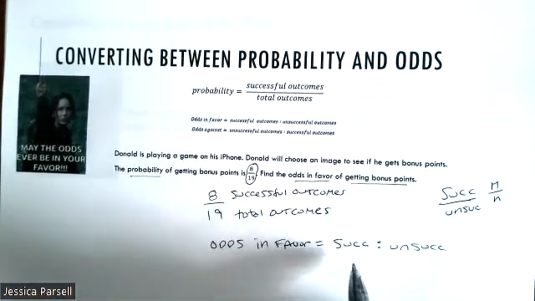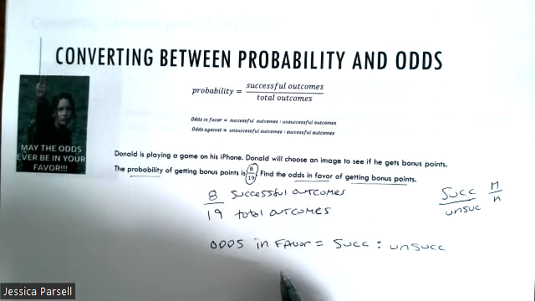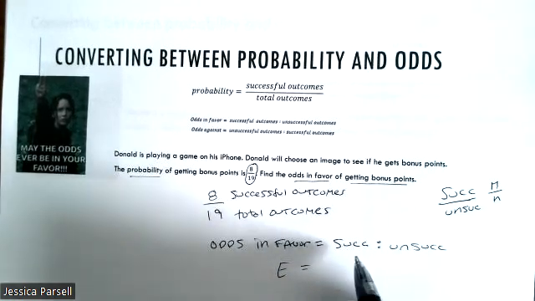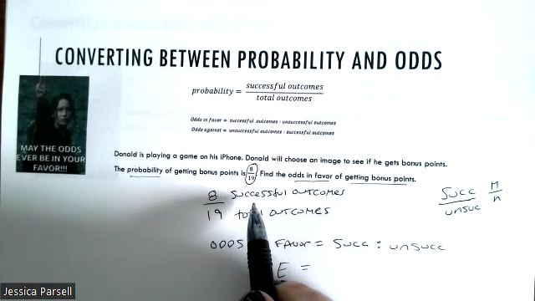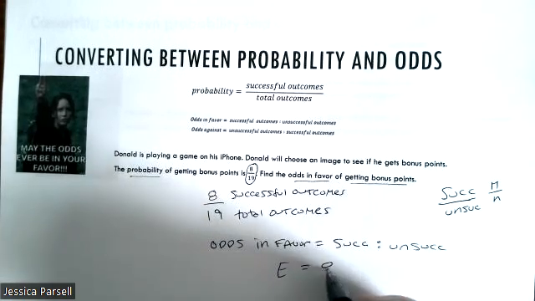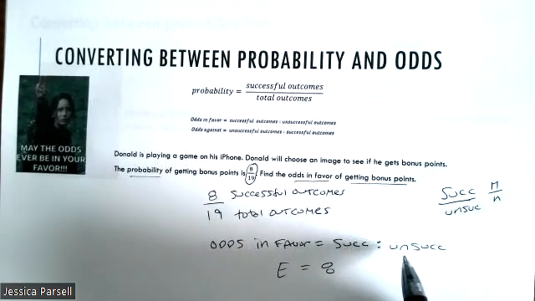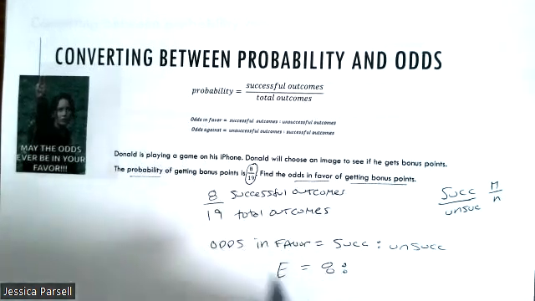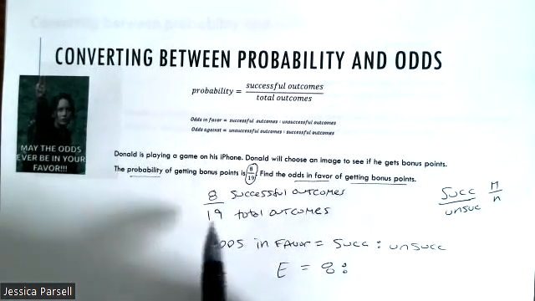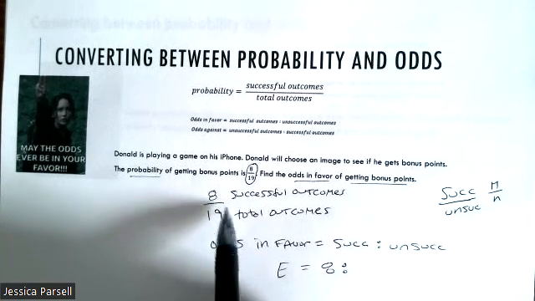Okay, so we need success here for our odds in favor. Well, we know success is 8. Okay. We know that. Now, what's unsuccessful? Well, we don't see that here. All right, so how do we figure out what that is? Well, we're going to do a little simple math here. We know that there's total outcomes in probability on the bottom and successful on the top.